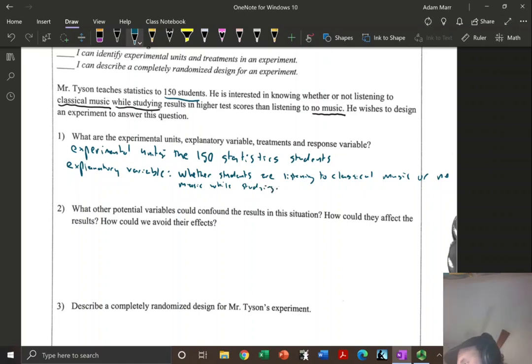Okay, there we go. And then the response variable is, of course, test scores, right? So this is going to be the response variable. This is going to be the students' test scores. Okay, so that was number one.